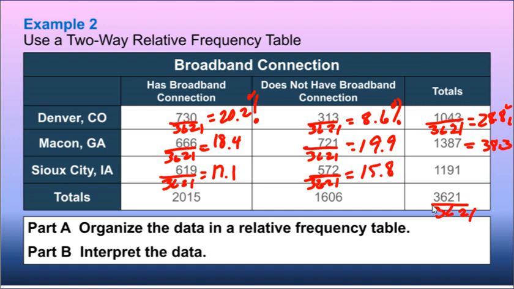And if you add 17.1 plus 15.8, we get 32.9.